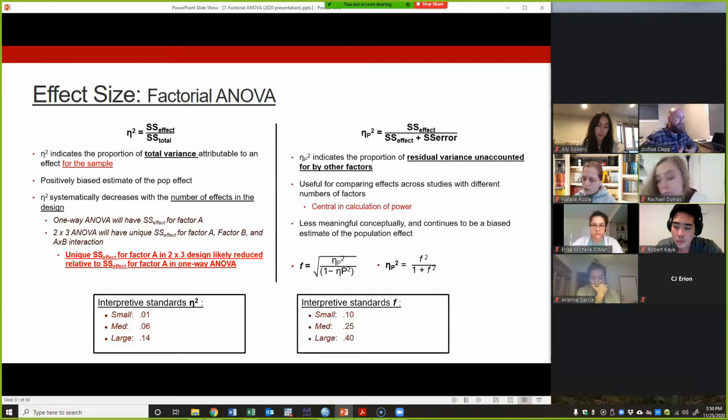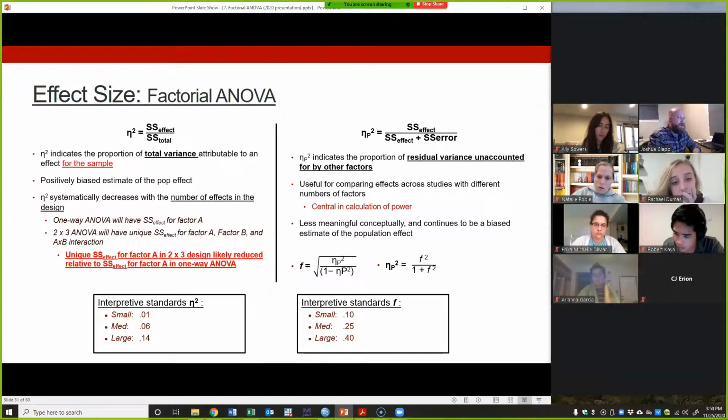Okay. So what we'll see generally for these factorial designs as your effect size is something we're going to call partial eta squared. Partial eta squared indicates the proportion of residual variance unaccounted for by other factors.